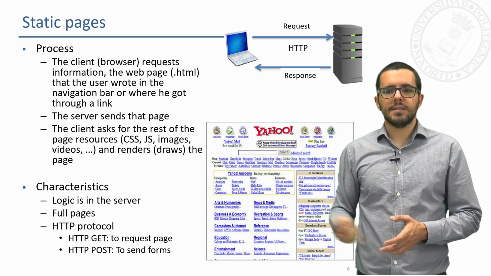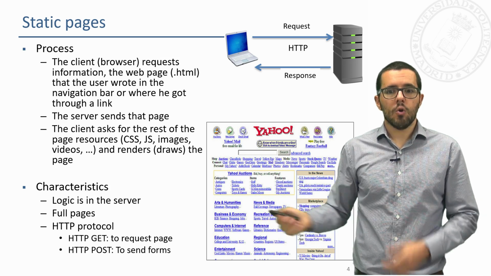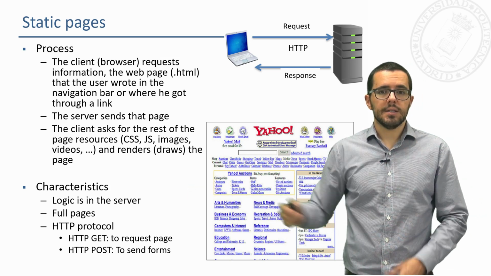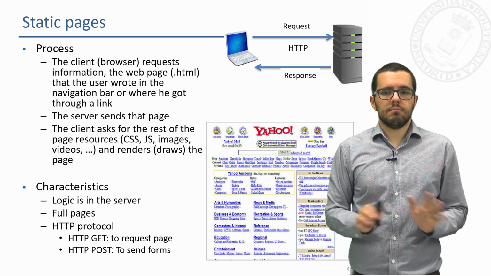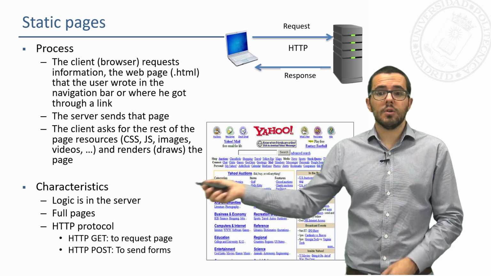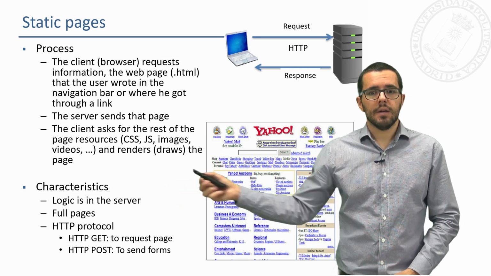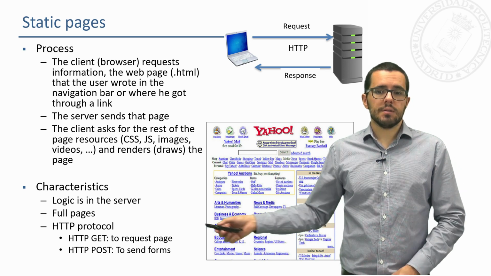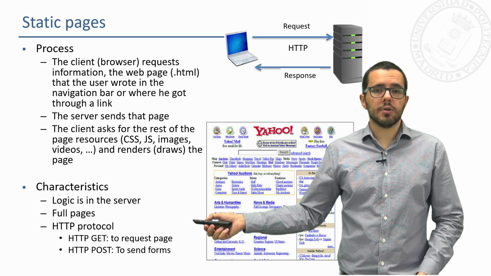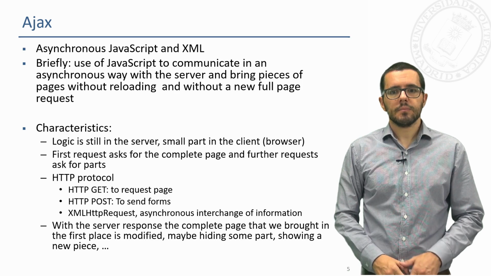So what are the characteristics of this kind of pages? All the logic is in the server, which is in charge of authentication, of sending the page. It is just a little logic, but it is on the server. They are full, complete pages, and it uses the HTTP protocol, GET and POST.